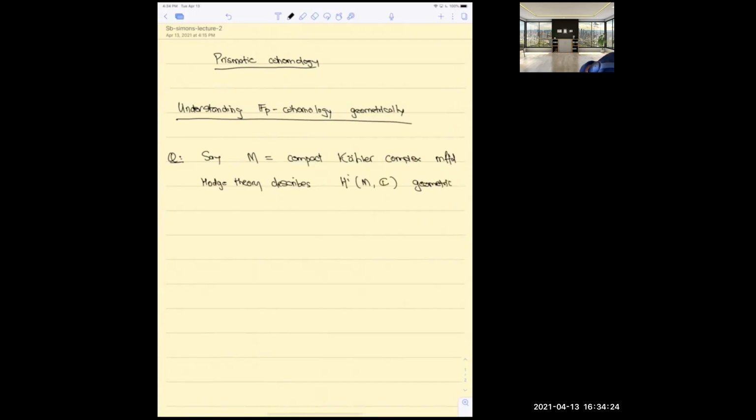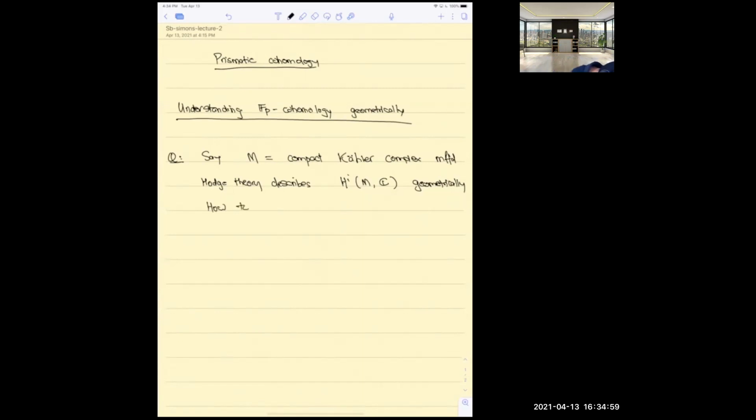Like you have the de Rham comparison theorem, for example, which says that you can represent such classes in terms of differential forms, and then you can go one step further and use holomorphic differential forms, and then use the Hodge decomposition, and you get a pretty reasonable handle on what these classes can look like. But it doesn't answer the question of what happens to torsion cohomology classes, because I'm using C coefficients over here. And so if I have a torsion cohomology class with Z coefficients, this just completely dies. And so that information is lost. And so the question is how to understand mod P cohomology geometrically.